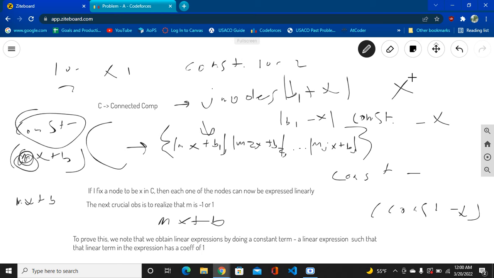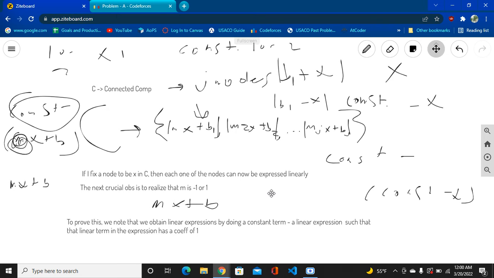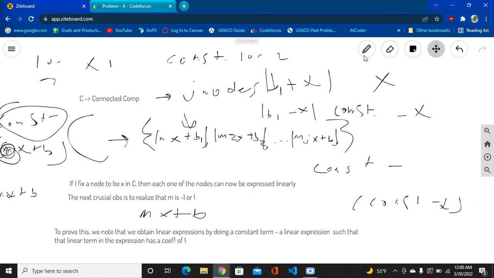Let me note that what we can do here is, if we're doing b1 minus x, we write each one of these as a difference of x.